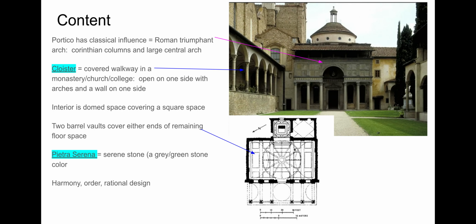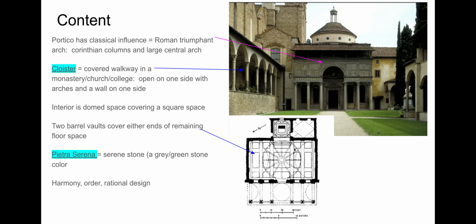I'm going to get into Pietra Serena when we look at the interior. It means serene stone, so I'll point that out once we get to that. But a couple buzzwords for Brunelleschi. Harmony. Everything in the space is going to relate to each other.